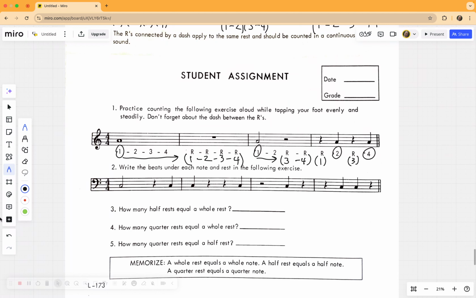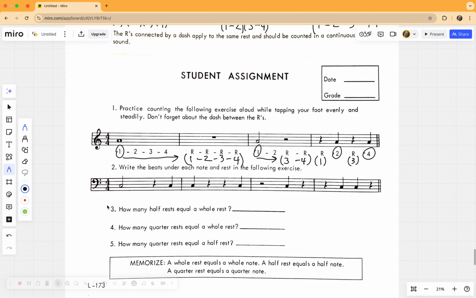1, 2, 3, 4. 1, 2, 3. Oh, caught me off guard there, right? So we'll start right here. I forgot the rest. Start right here. Ready, set, here we go. 1, 2, 3, 4.